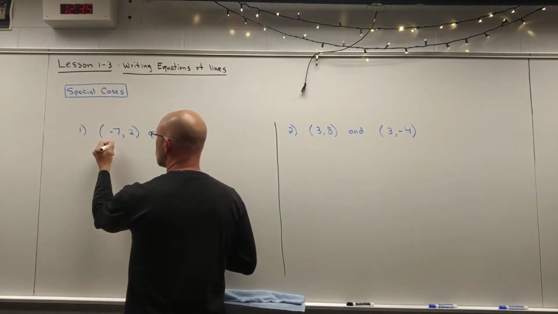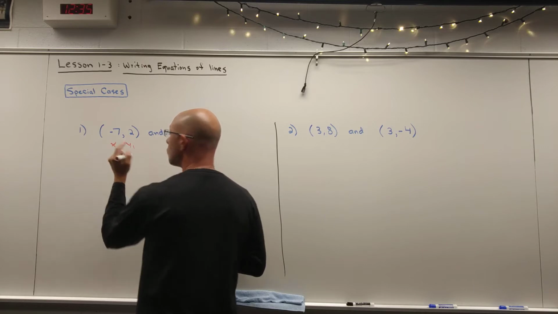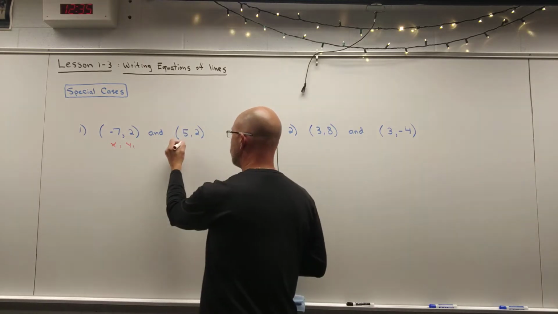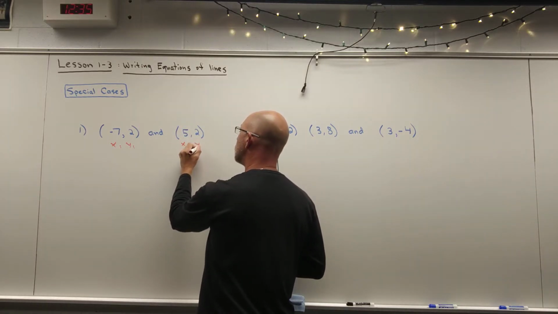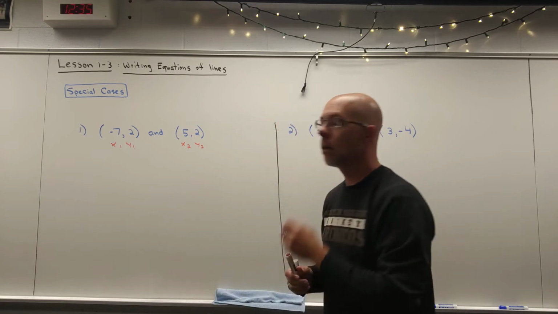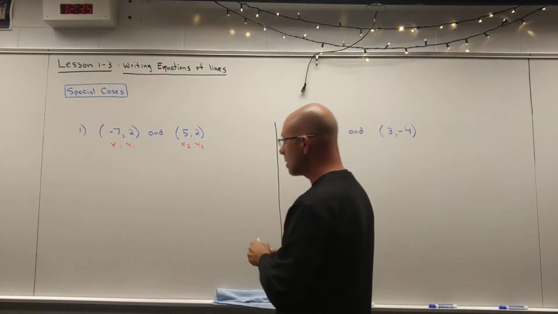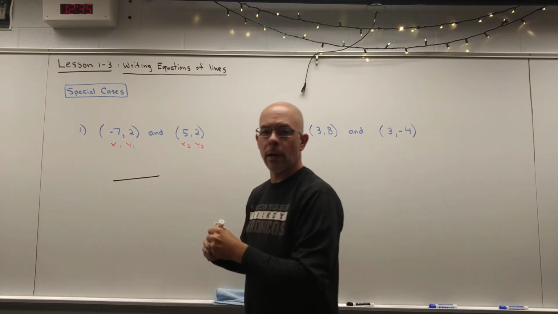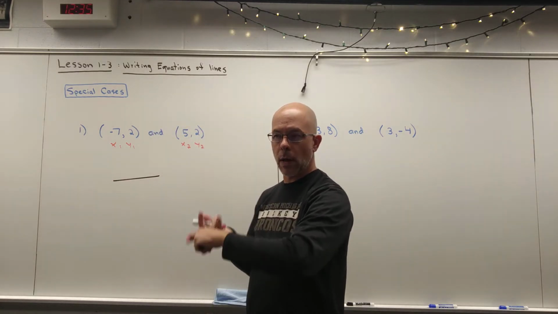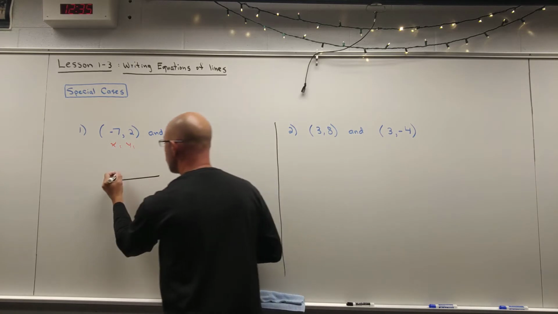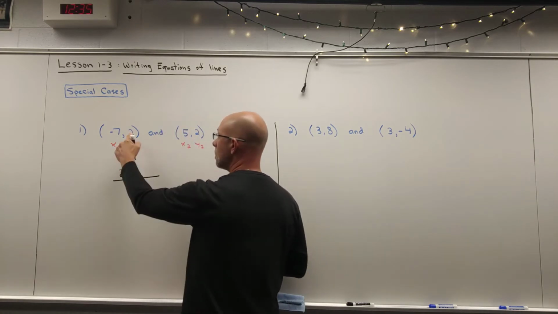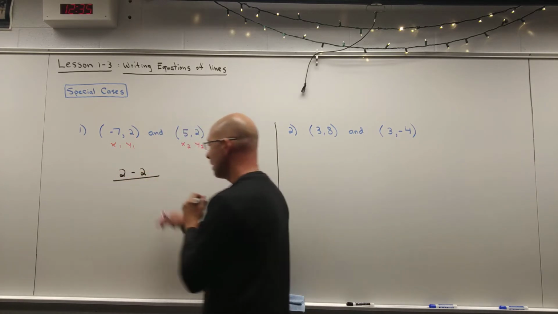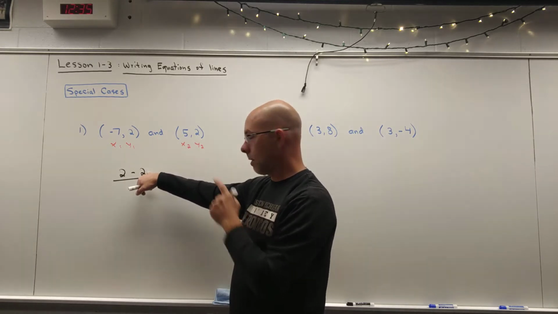We'll label this x1, y1 for first point, x2, y2 for second point. So as I go to calculate this slope, the numerator gets y2 minus y1. You start to see what's going on here. That's an issue.